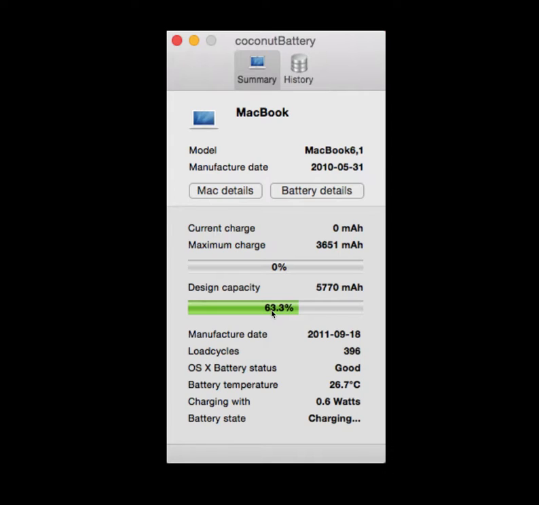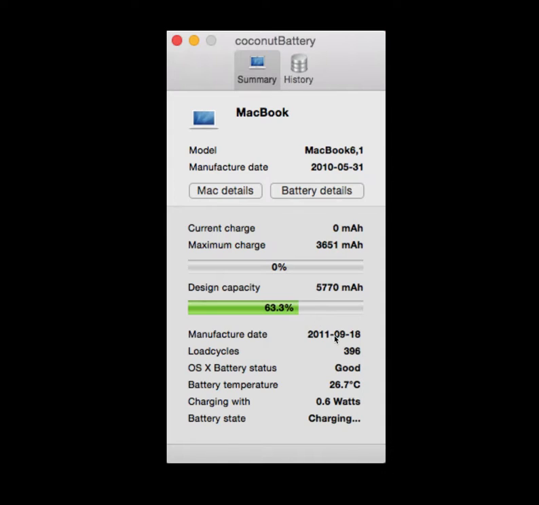And now what it has is 63.3% of that. Remember the gas tank. This battery has 63.3% of the original 100% of the gas tank. So it's probably several years old, and it's just been depleted in capacity to that amount.